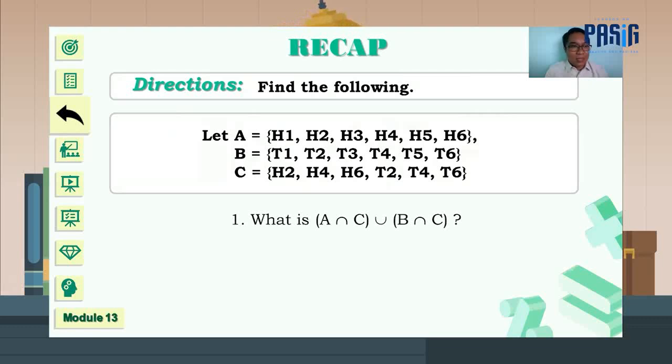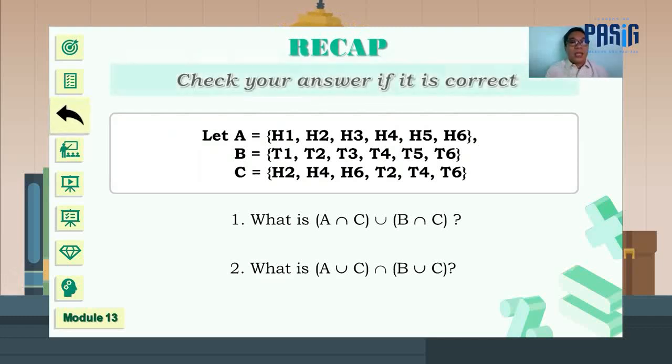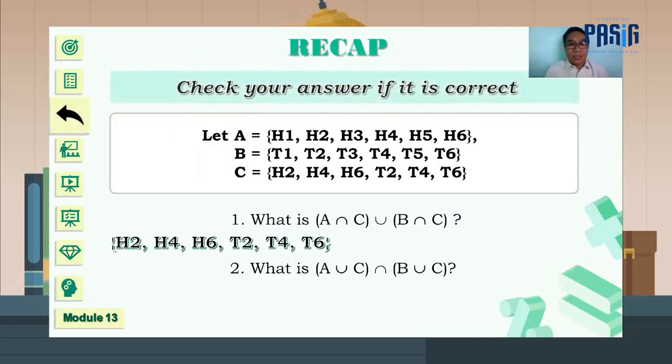And then find the union, or what is A intersection C union B intersection C? Number 2, what is A union C intersection to the union of B and C? Check your answer if it is correct.